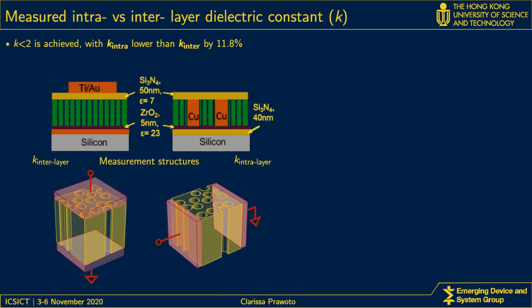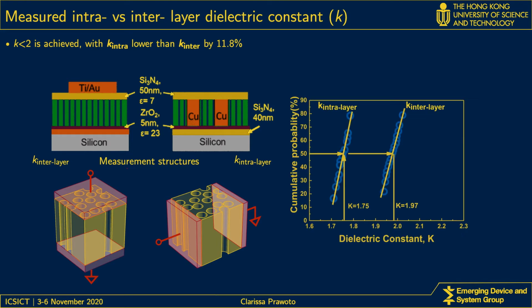The statistics or distribution of K is shown in this graph for both intra and interlayer K. The mean values are 1.75 and 1.97 for intra and interlayer K respectively. From these values, we can estimate the porosity to be 60%.